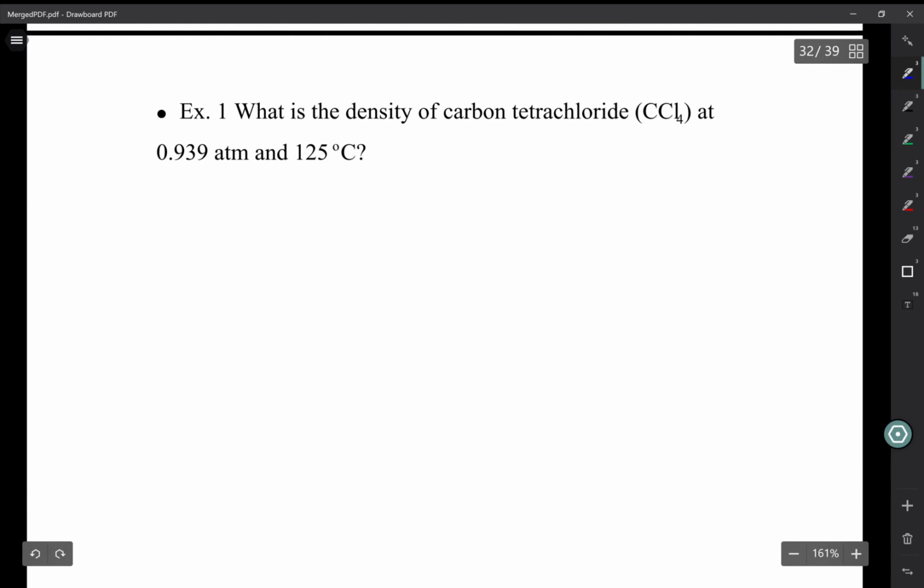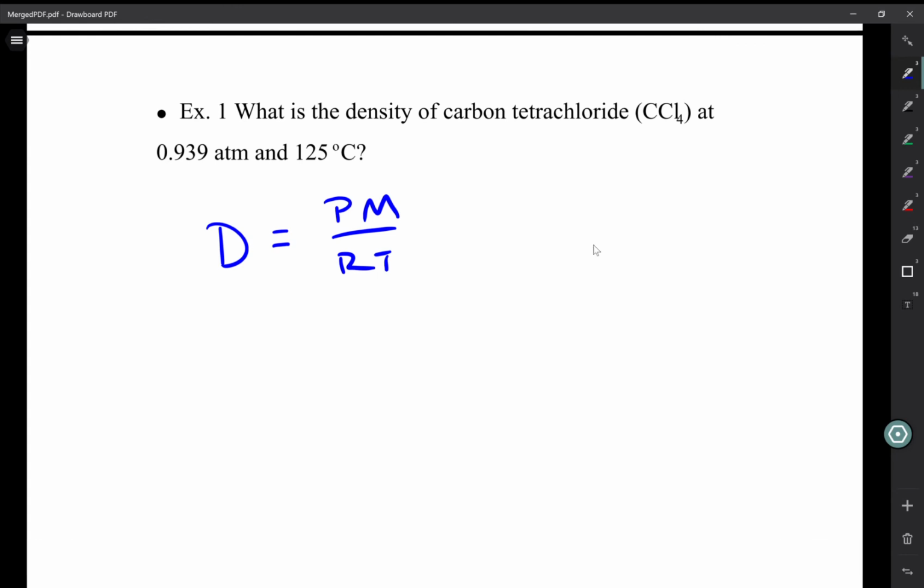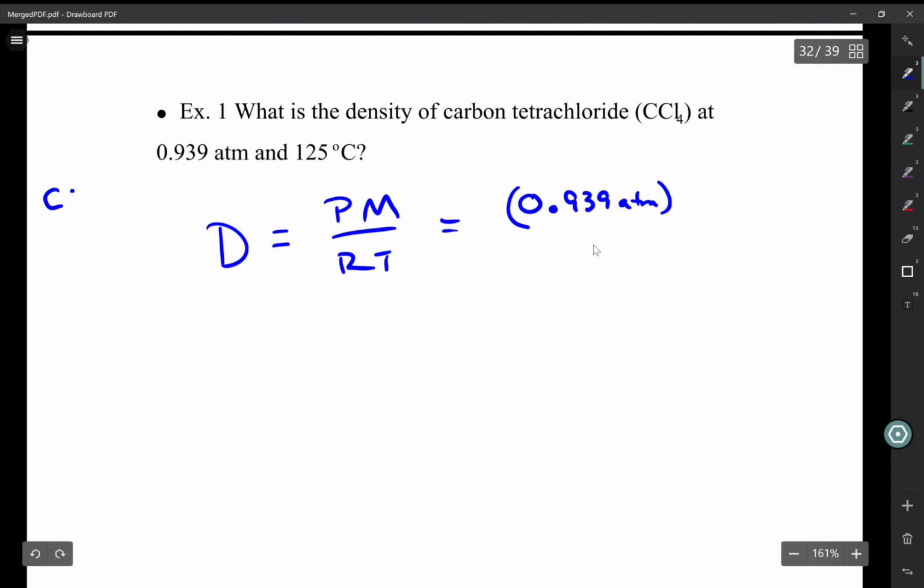So we're going to find the density of carbon tetrachloride, CCl4. So our equation, density equals PM over RT. We have the pressure, which is 0.939 atmospheres. So M, molar mass, for carbon tetrachloride.